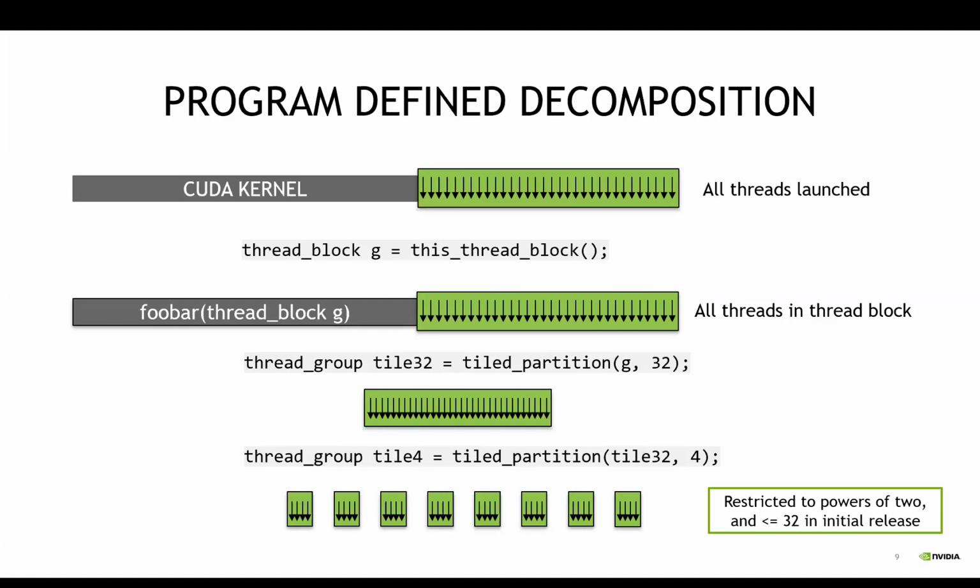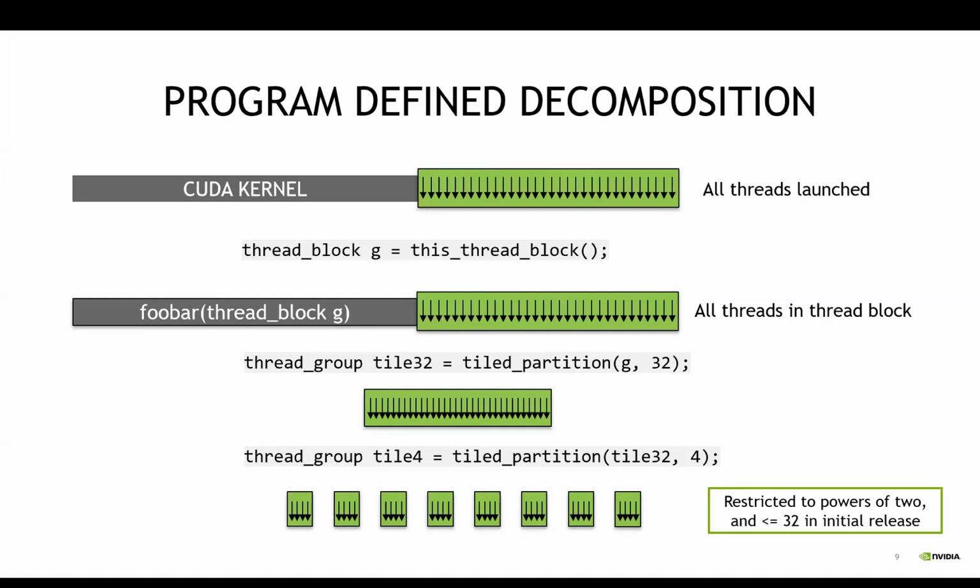And probably as we go through this, you'll see why that's the case. Anyway, we can break our grid group, our block level group, thread block group, into tiled partitions of 32. And then as we're depicting again on this slide, we can further subdivide that using the same making function.